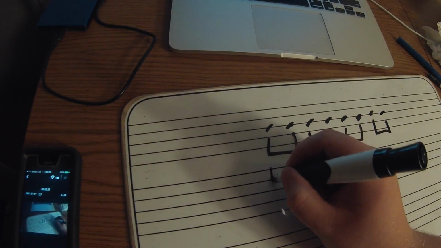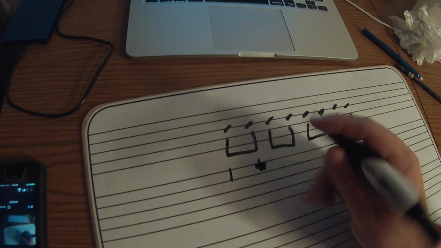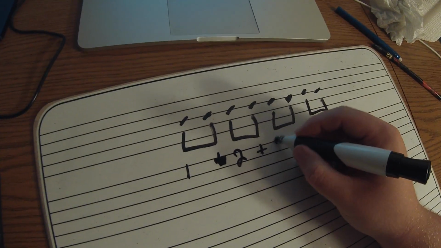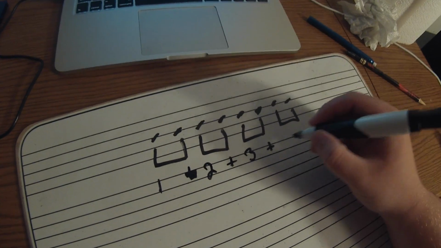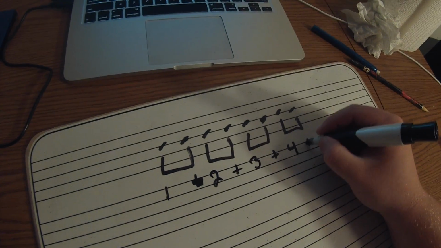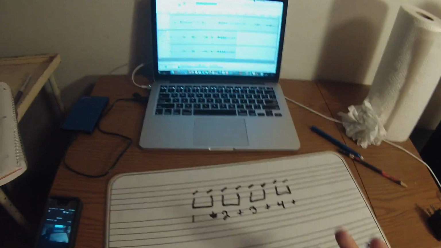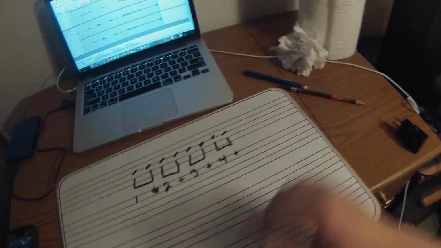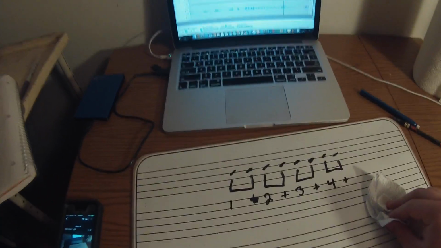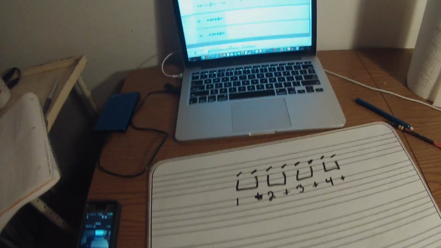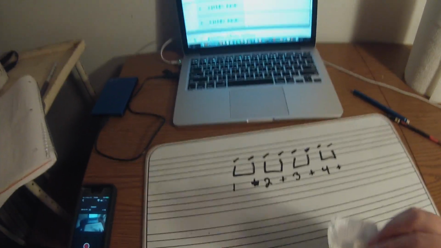That will be counted 1 and 2 and 3 and 4 and, or 1 and 2 and 3 and, if you're in 3/4 or something like that. Okay, so the eighth note that is not on the downbeat will be considered and.